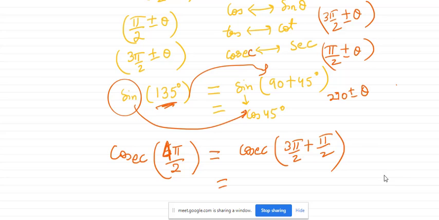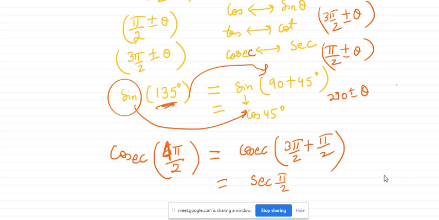So cosec will change to sec. And in which quadrant will this go? It will be 1. Okay, so you will get this.